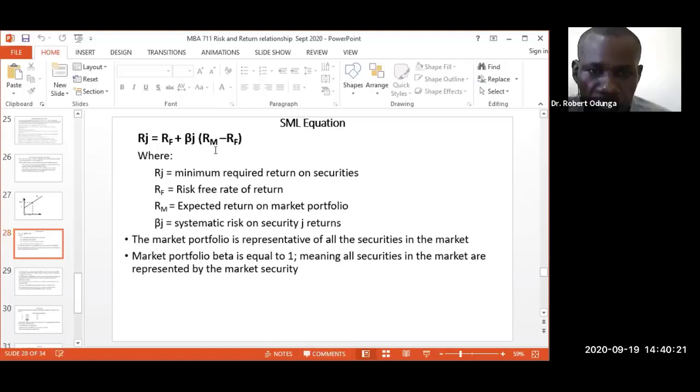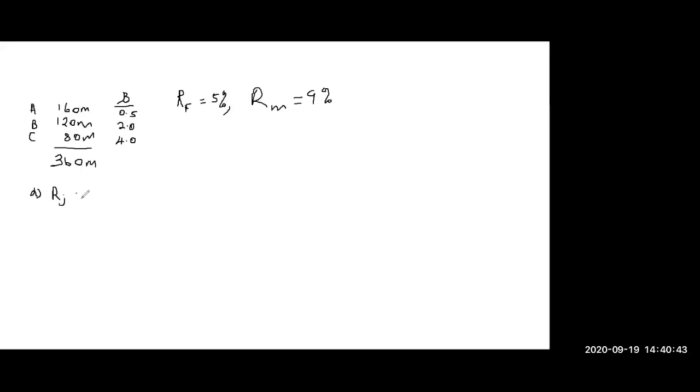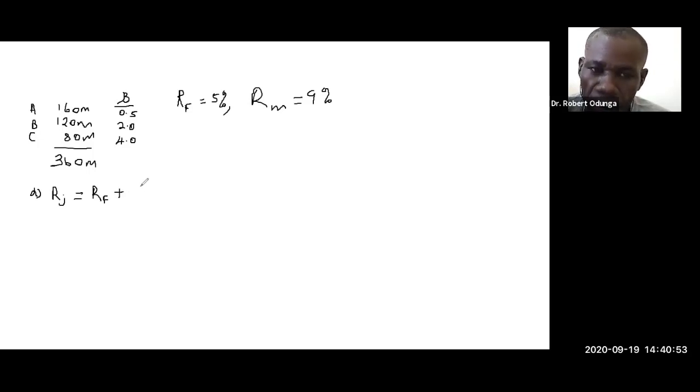So this formula here, a return of each stock: RJ is equal to RF plus BJ into RM minus RF.